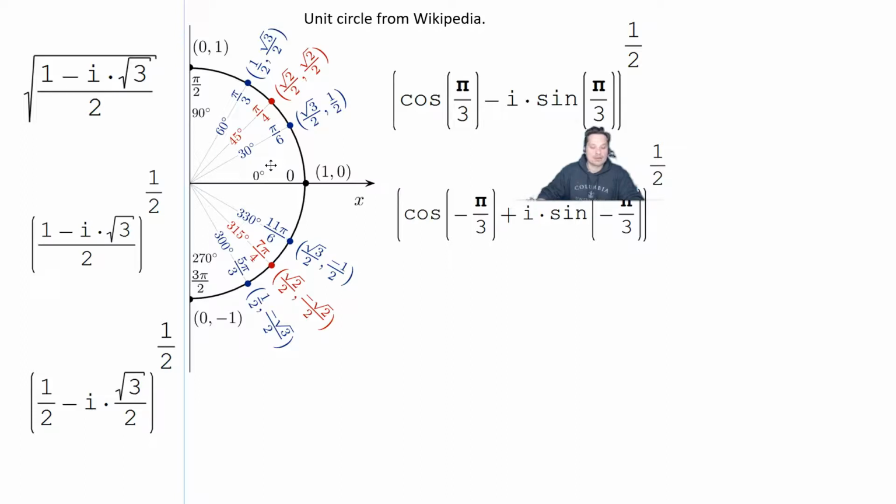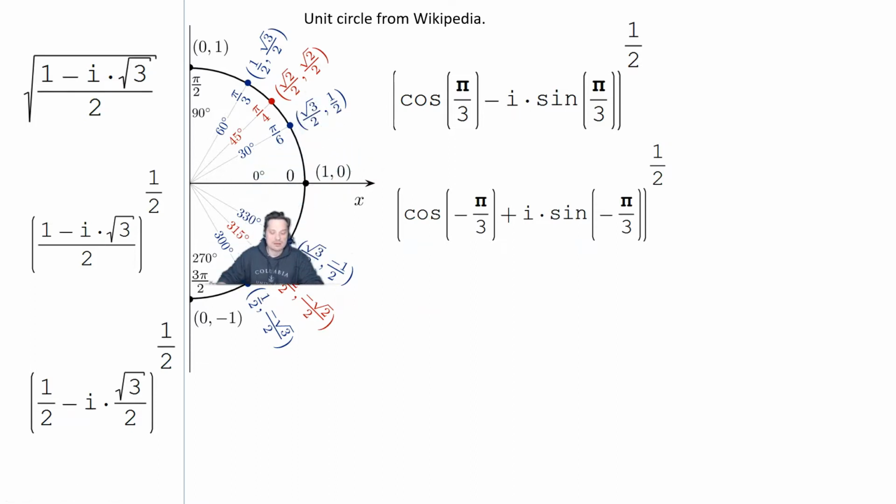So instead of looking up there at pi over 3 positive, I'm essentially looking here where it says 5 pi over 3. 5 pi over 3 is the angle you get if you spun all the way around the circle. The other way to see it is as negative pi over 3, counting from 1, 0 in this direction, clockwise if you like.